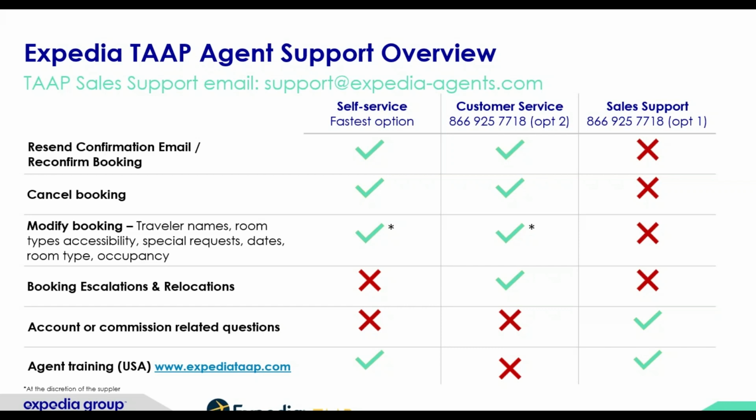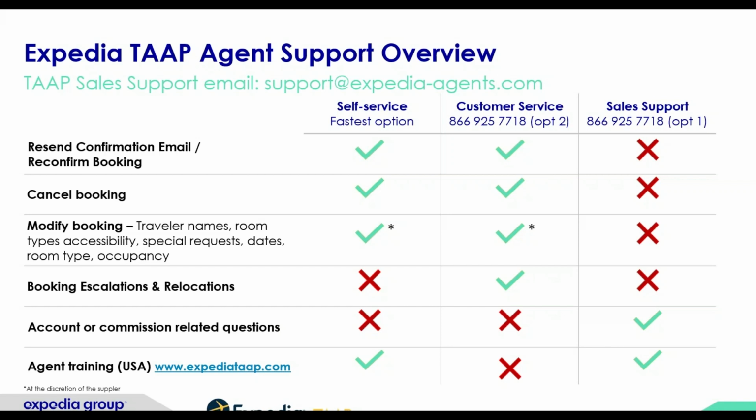However, if you need assistance, please reach out to our 24/7 customer support team by dialing this number and selecting option 2. For general account and compensation related questions, you can reach out to our sales support by selecting option 1. All calls to customer service must be made by the travel agent and not the traveler.